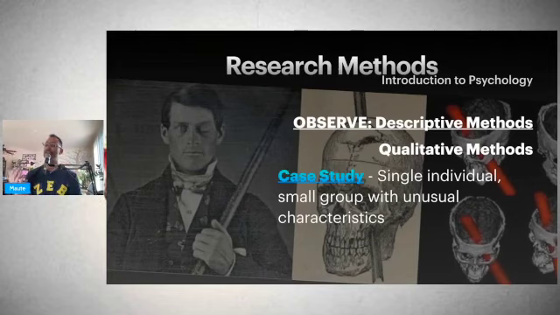The most famous case study in psychology is the pictures that are in the background of this slide, and that is a gentleman by the name of Phineas Gage. Phineas Gage had an iron rod pierce his head, taking with it a very specific chunk of his brain, changing Phineas Gage's personality.